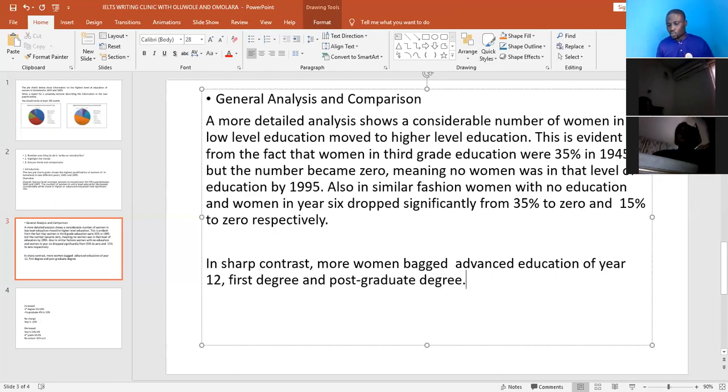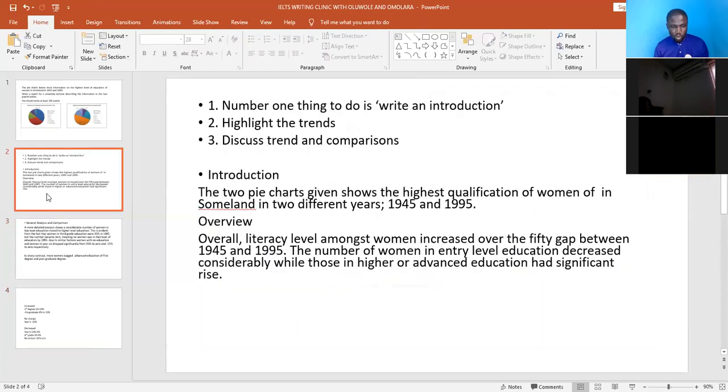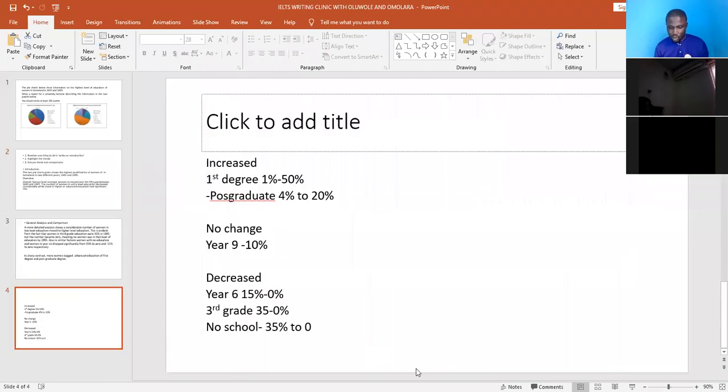So in sharp contrast, more women backed advanced education of year 12, first degree and postgraduate degree. I'm removing year 12 because the color is confusing, of first degree and postgraduate degree. Because I don't want to involve it in the analysis. So I will now state the figure. The figure has been highlighted here.